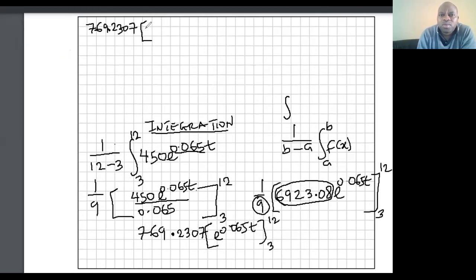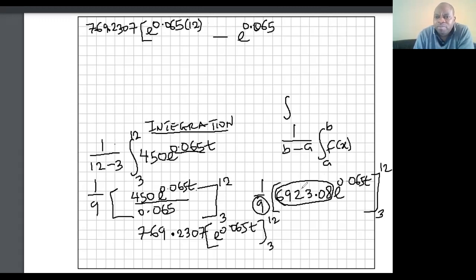It means that you have exponential 0.065 with your t being 12, then minus, you repeat it again, exponential 0.065.